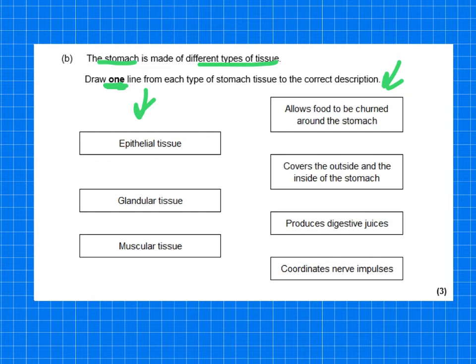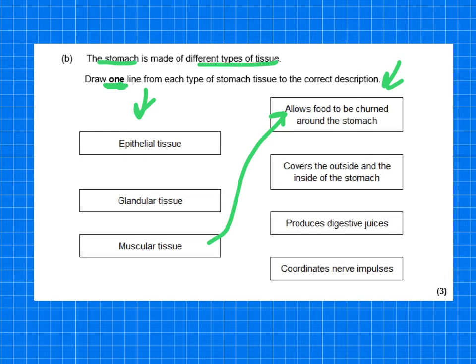Now, if you don't know some of the answers, you can possibly go for one that you do. For example, one answer you might know is related to muscular tissue. Muscular tissue allows food to be churned around the stomach because it contracts. So that would be an easy one.